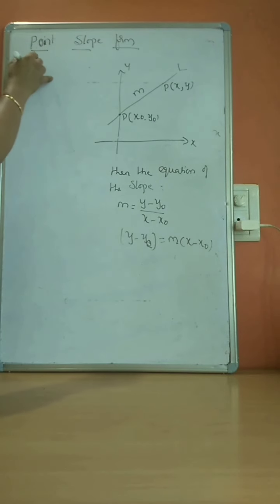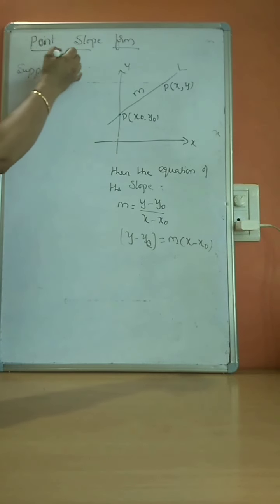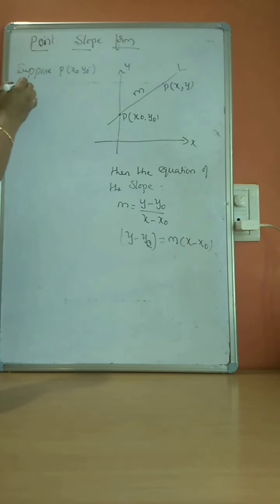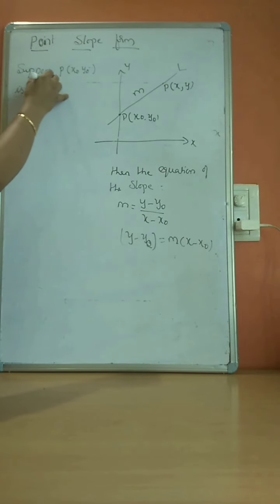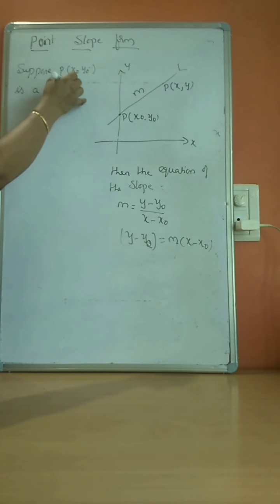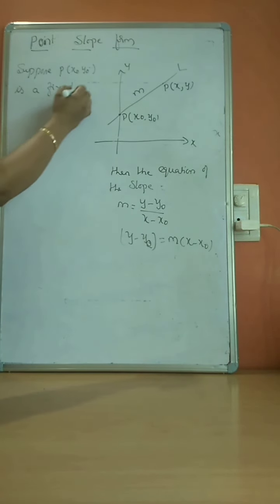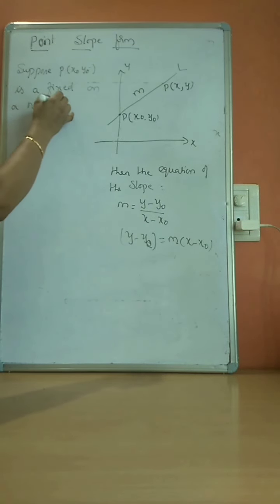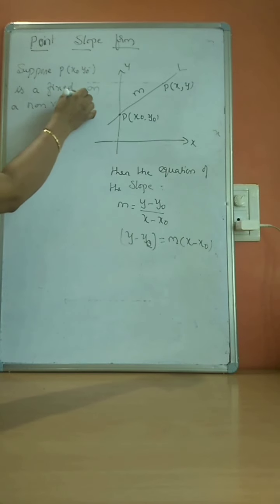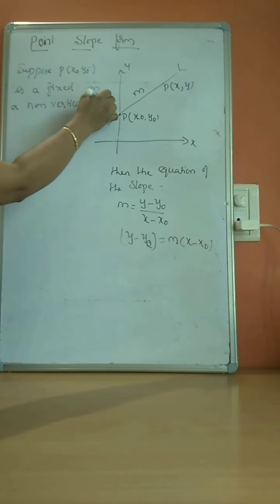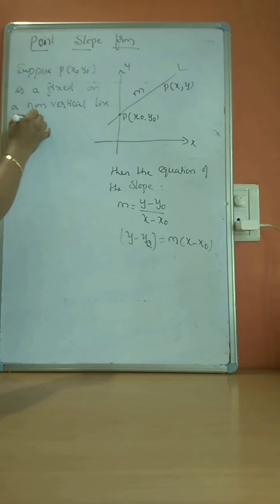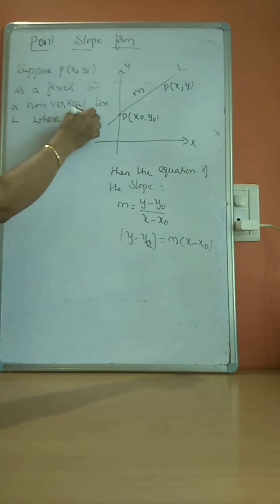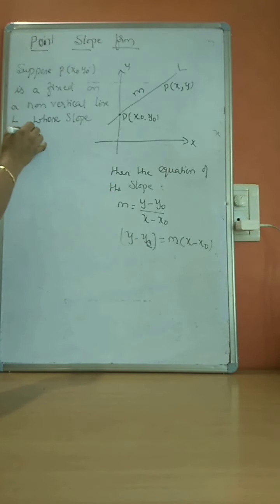That is, suppose P of x naught, y naught is a fixed point on a non-vertical line L whose slope is m.